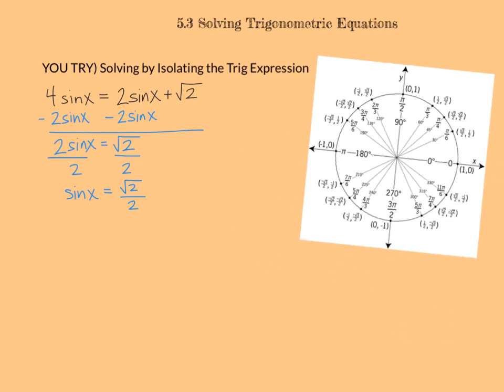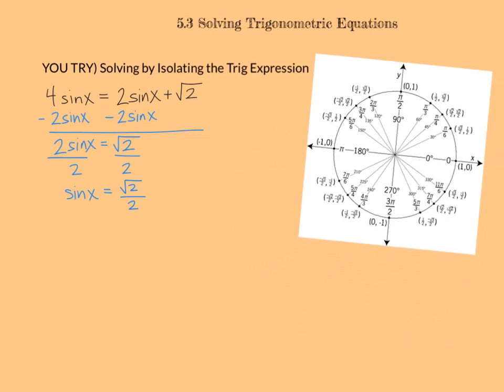So the way that we answer that is that x can be pi over 4 plus adding 2k pi every time. We're adding 2 pi any integer amount of times, so not like a half amount of times or anything like that.